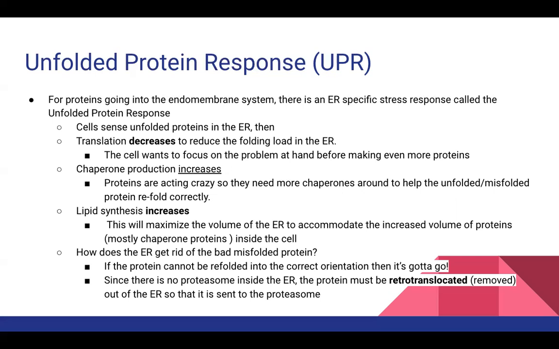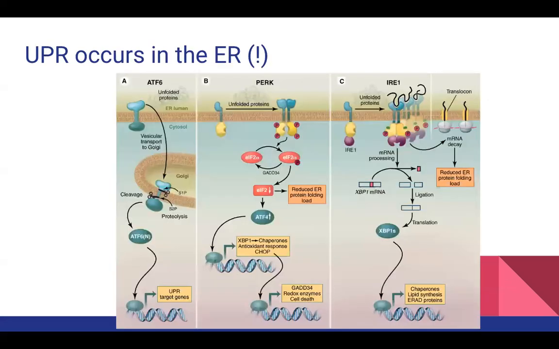And this is one of the only times that you'll see this occurring, because as you'll see in later sections, once a protein goes into the endomembrane system, it usually doesn't come back out, but this is an exception to that rule. And here's just a diagram showing how this is occurring in the ER.